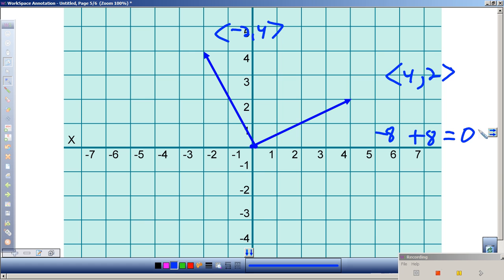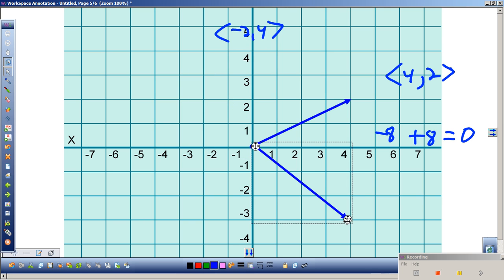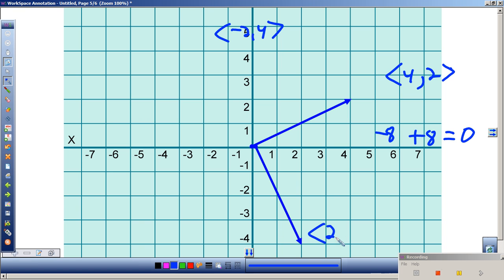So if they are orthogonal, you get the 0. What if I move this to the opposite side? Are these orthogonal? They had 2, negative 4. 2 times 4 is 8, plus negative 8 equals 0. So again, they are orthogonal. You flip the other one going down there. So orthogonality, basically we're saying it is perpendicular, except in the case of the zero vector.